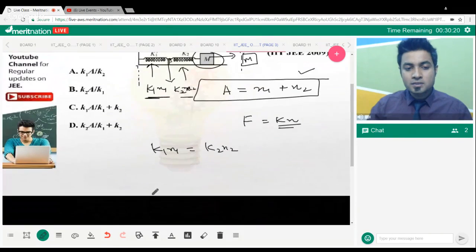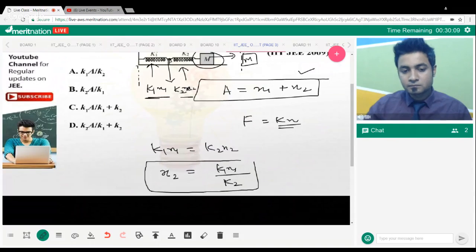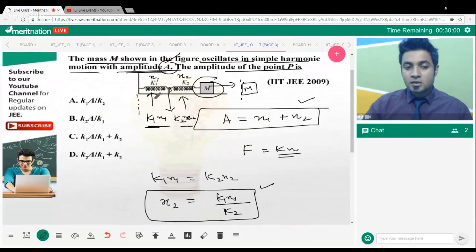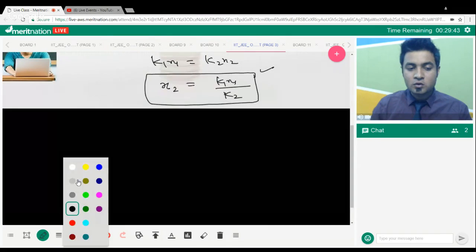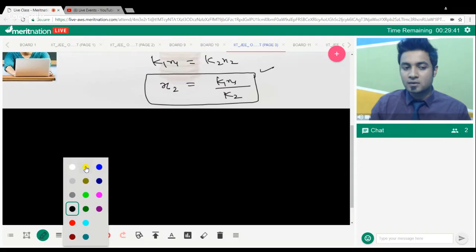So I am going to produce a relation for x2. We need to calculate how much this point is away from this rigid attachment, right? So what you have to do is calculate the amplitude of this point P. So we are going to calculate the value of x1, right?